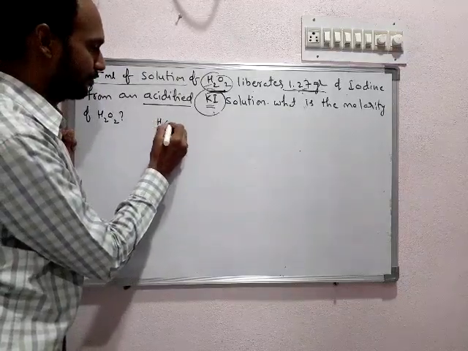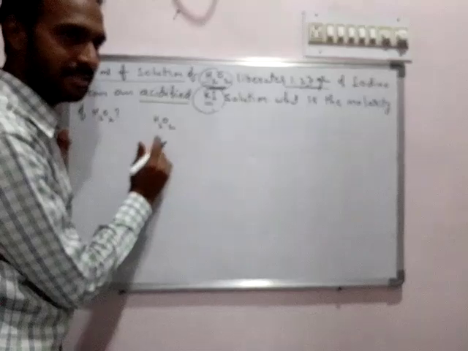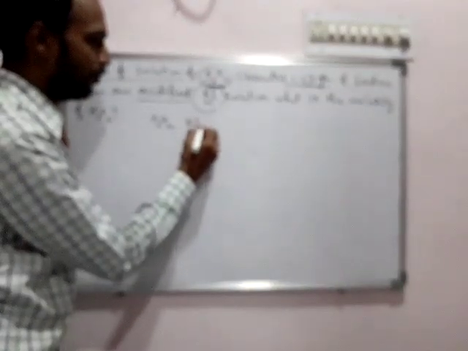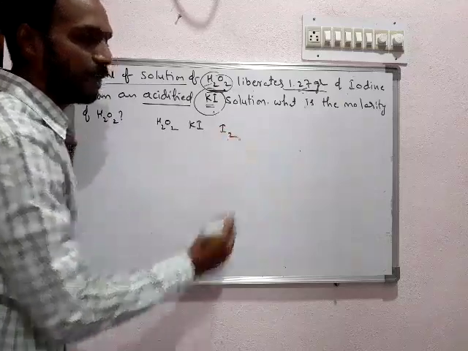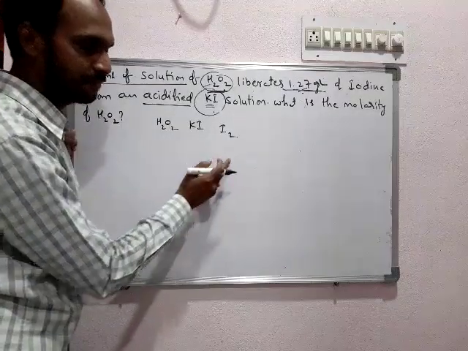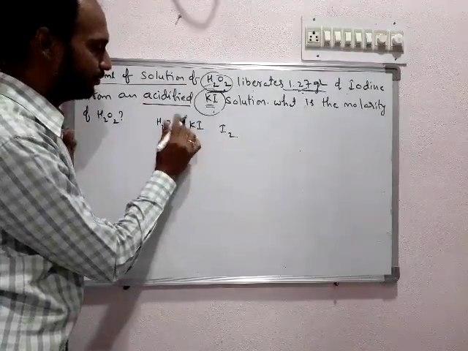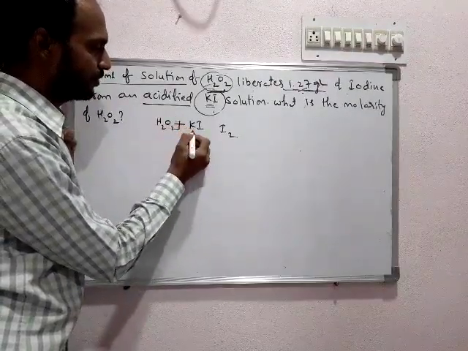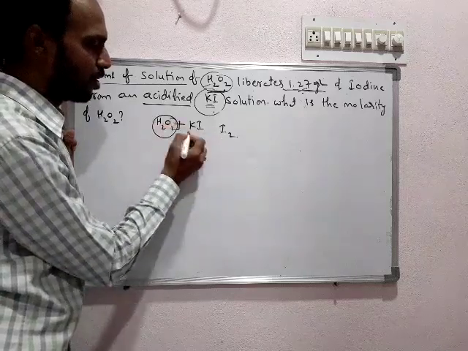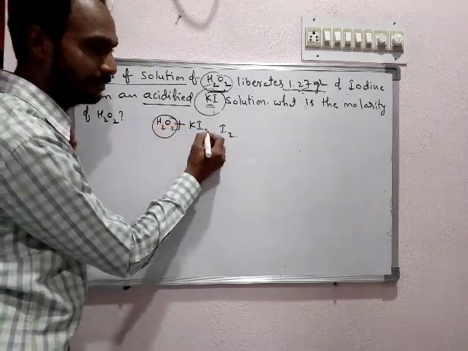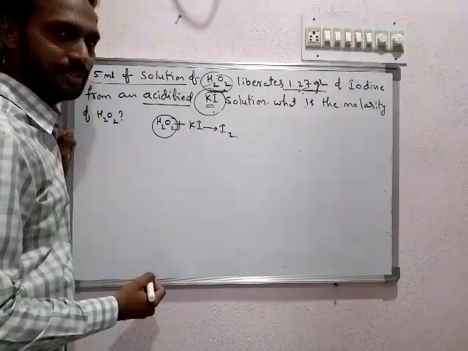The hydrogen peroxide oxidizes potassium iodide into iodine.